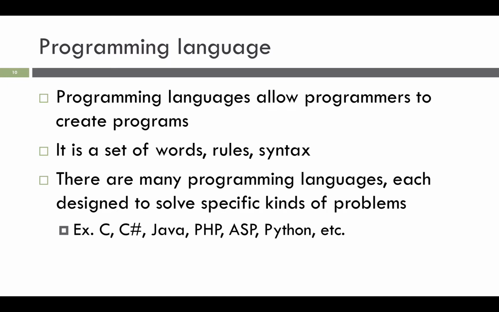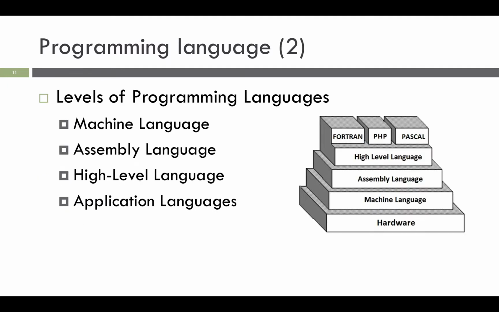PHP, ASP, and Python are web languages. There are different levels of programming languages. Each language gets the programmer closer to the hardware. Ultimately, every program will interact with the hardware. However, it's easier to work in a high-level language. We will discuss each in greater detail.